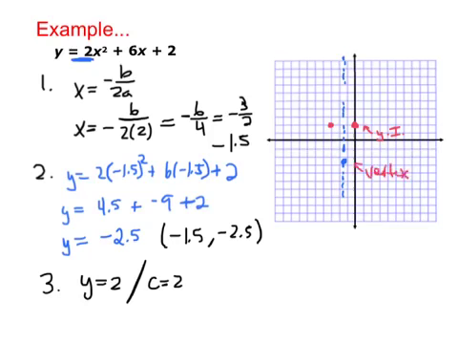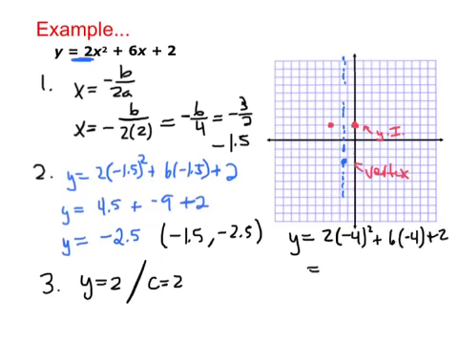Then I could probably just choose one other point. On my graph, I'm going to choose this point right here for my x value, which is negative 1, 2, 3, 4. So I'm going to choose negative 4. So I get y equals 2 times negative 4 squared plus 6 times negative 4 plus 2.